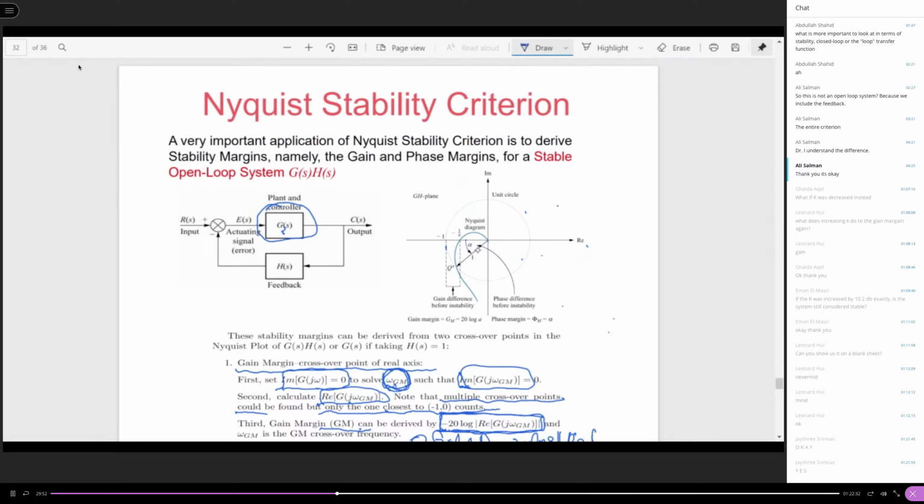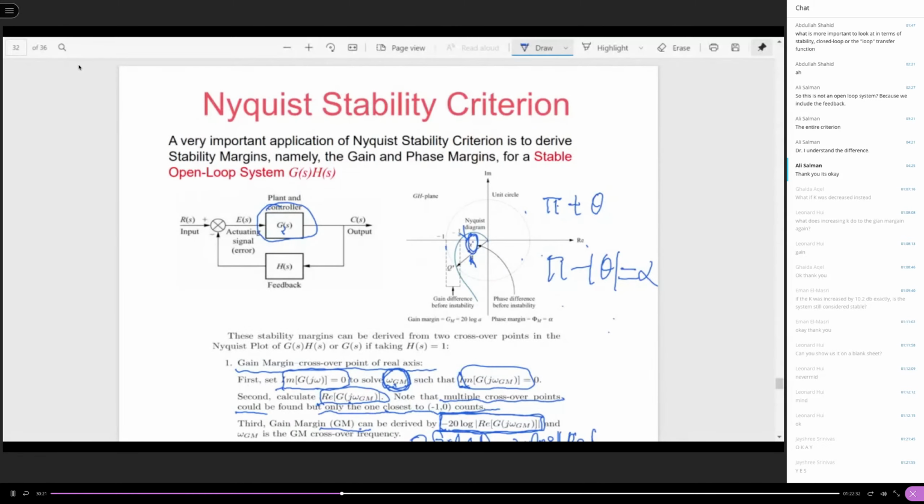Exactly how much negative phase delta could be allowed to be added to the plot? It is this alpha angle, this angle. And this angle is equal to pi plus theta. Don't forget, theta is measured as a negative. So pi plus theta actually is pi minus the absolute value of theta, right? So this one is measured as alpha, this angle.